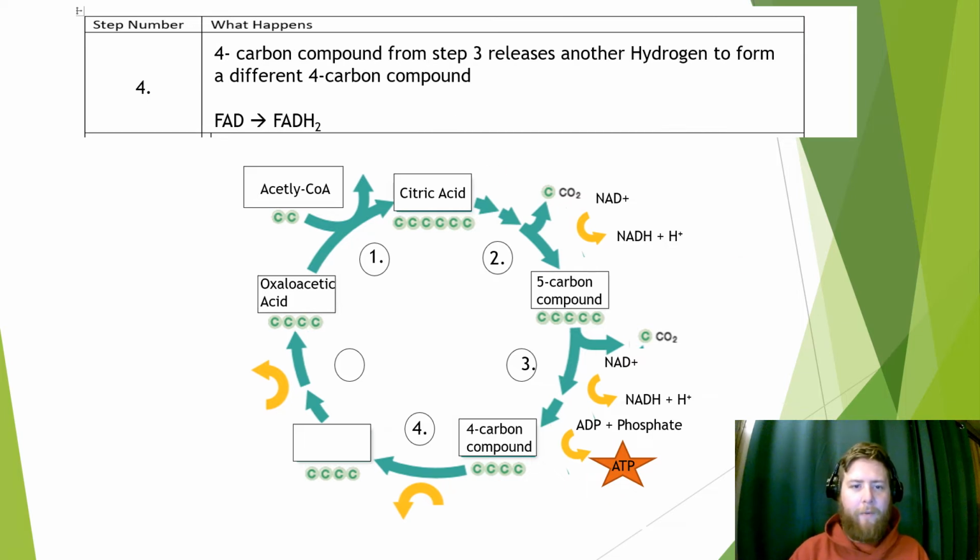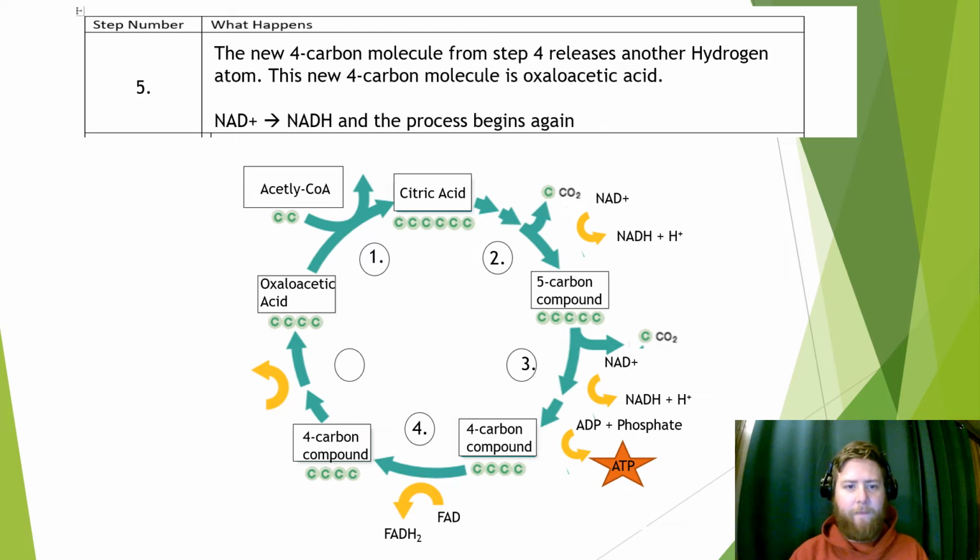So we're creating more energy each time we go around the citric acid cycle. For step 4, we take that 4-carbon molecule and release another hydrogen to form a different 4-carbon molecule. This also takes another energy carrier, FAD, and turns it into FADH2. FADH2 is also going to go to the electron transport chain and be converted into energy.